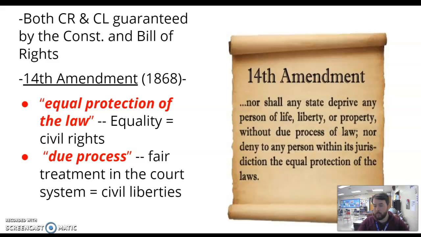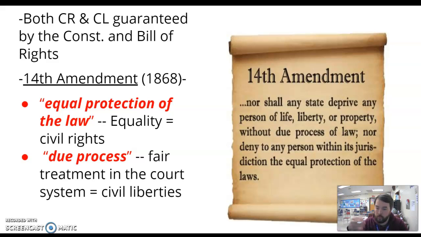Specifically in the 14th Amendment, we have equal protection of the law. Equal protection under the law basically just insinuates equality. So the government protecting our civil rights, no matter if you're a woman, man, whatever ethnicity, if you have a disability, whether it's mental or physical, any of that.